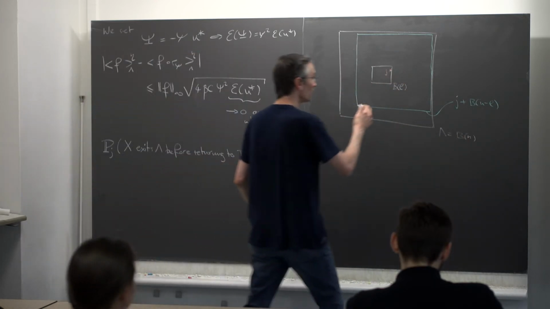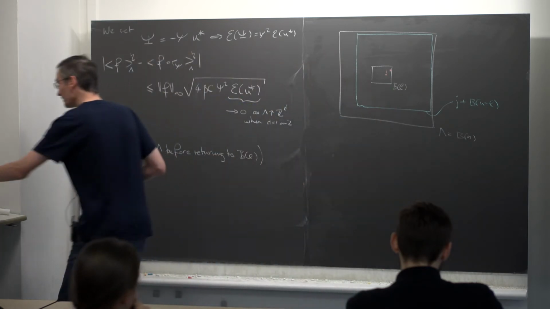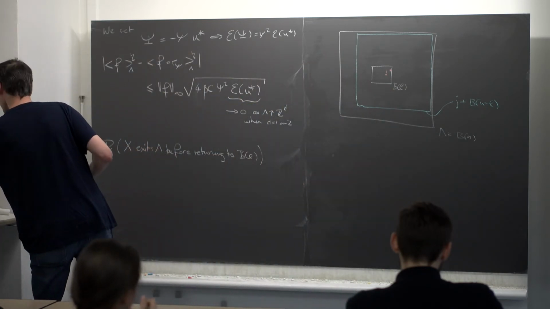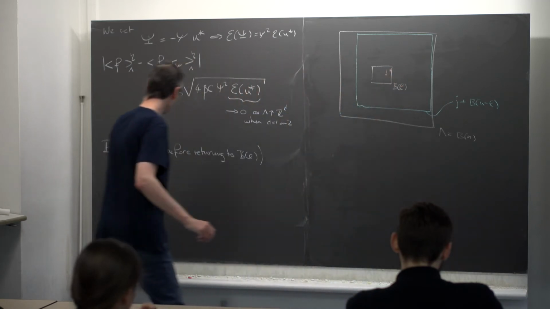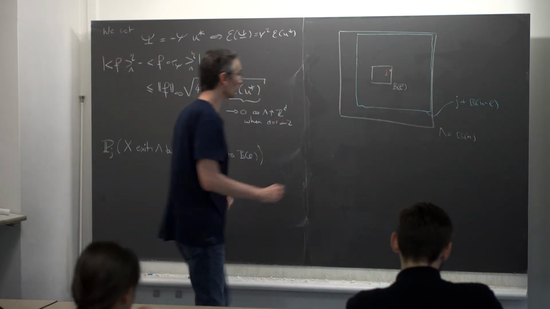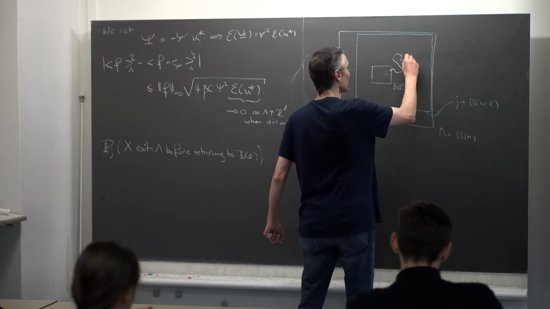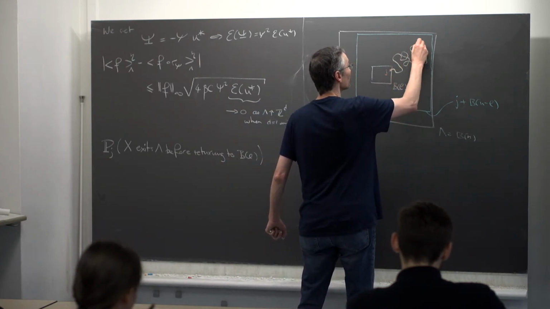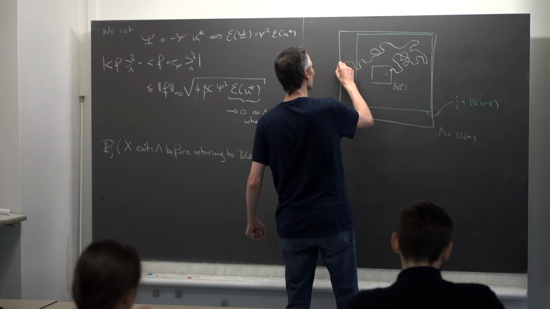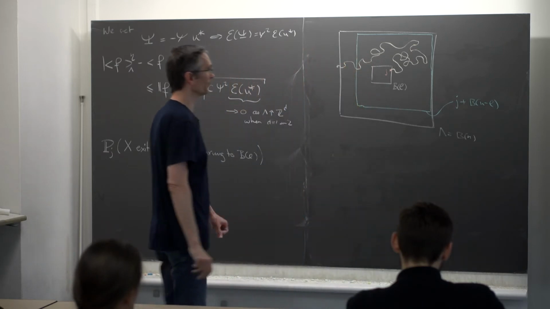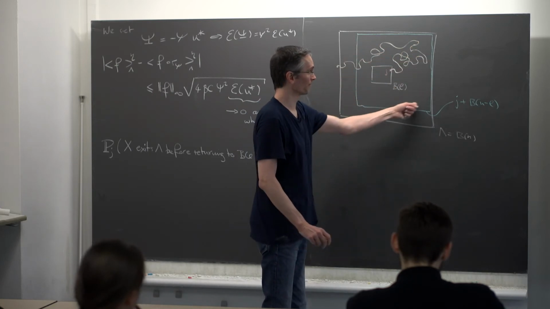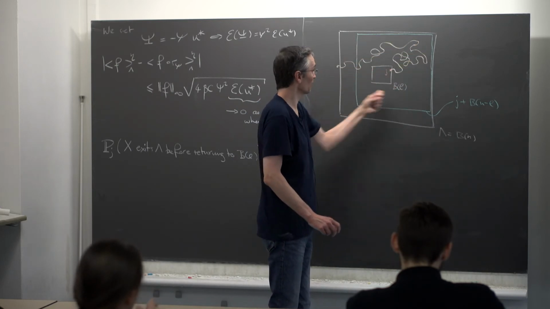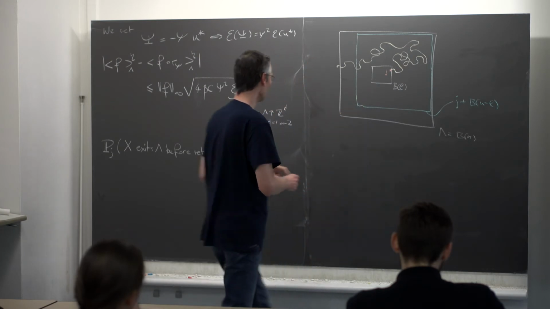And if my random walk has to exit, so I'm interested in the event that it exits lambda before returning to B_L, so it's doing things like that. And at some point it exits lambda, so maybe let me do it here. So now it has exited lambda before returning to B_L. Certainly it has to exit the blue box before. Okay. It cannot exit the big box without exiting the small one.